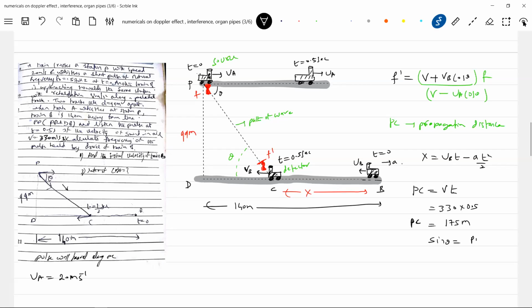Sine theta is equal to PD by PC, 99 by 165. If you know sine theta, can you bring cos theta? Okay, I'll get the cos theta.